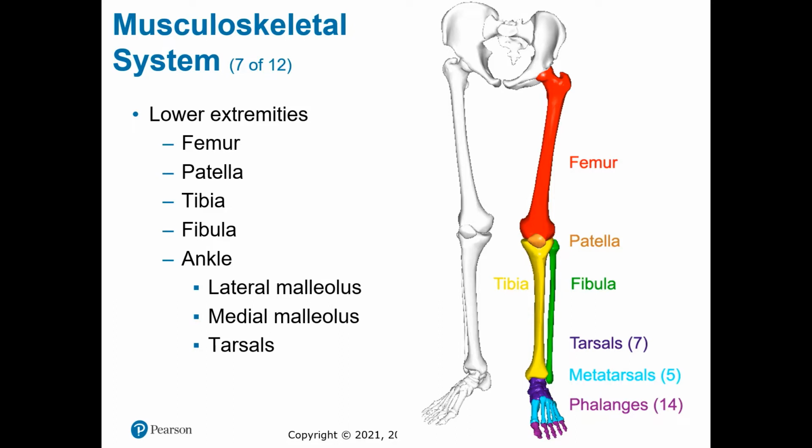And then your ankle bones are the lateral malleolus, which is the outside ankle bone, and then your medial malleolus is the inside of the ankle bone, and then of course all your tarsals. You've got metatarsals at the top of the foot, tarsals at the middle of the foot, and then your phalanges, which would be your toes.